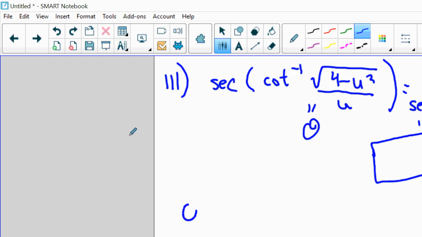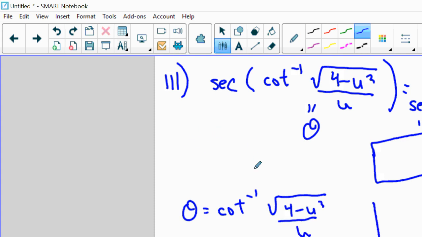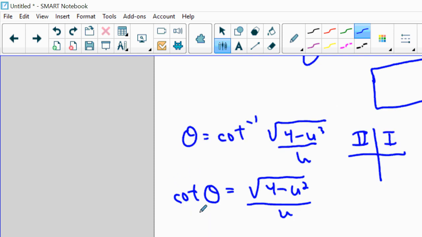We know theta is inverse cotangent, square root of 4 minus u squared over u. That inverse cotangent gives you answers in the first and the second. But we take cotangent of theta, and we get this. So basically, you could be in the first or the second. Let's just pretend we're in the first. We did that last time.